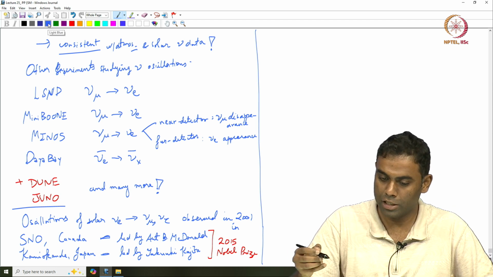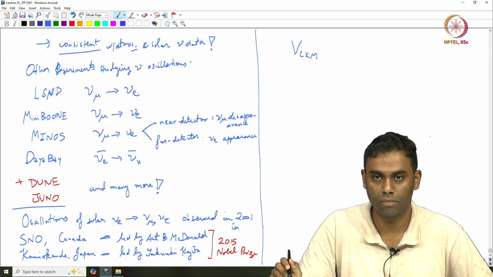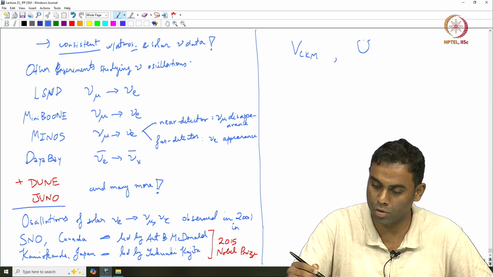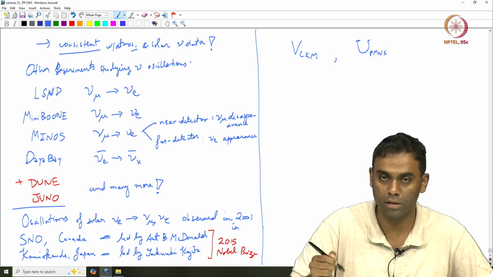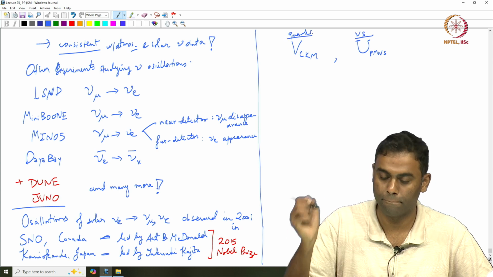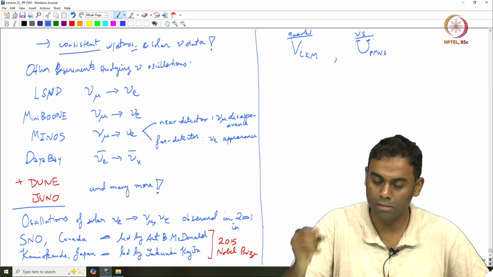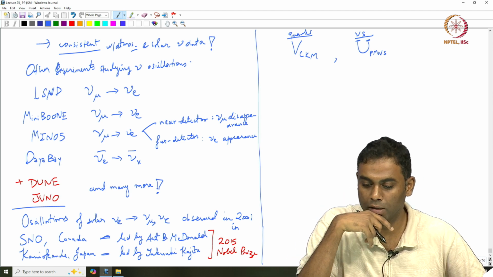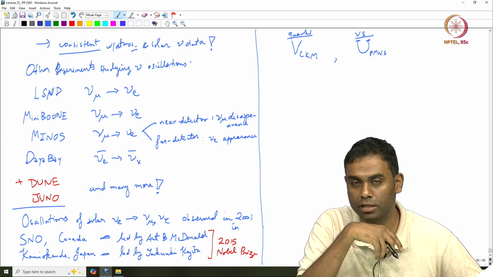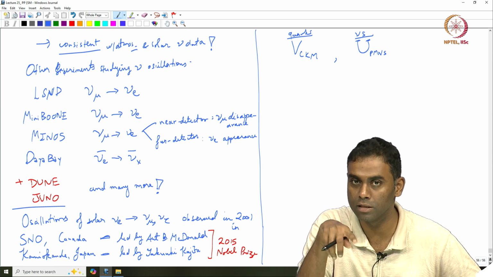Now, I will finally wrap up the module on the Standard Model with one last thought. We talked about mixing in the quark sector, the CKM matrix. Then we talked about mixing in the neutrino sector, which was the PMNS matrix. In the quarks you do not always measure only the flavor eigenstates, sometimes you measure the mass eigenstates, and that is the reason why the mass eigenstates and the flavor eigenstates of charged leptons are the same, and that is why you put all the rotations in the neutrino sector.